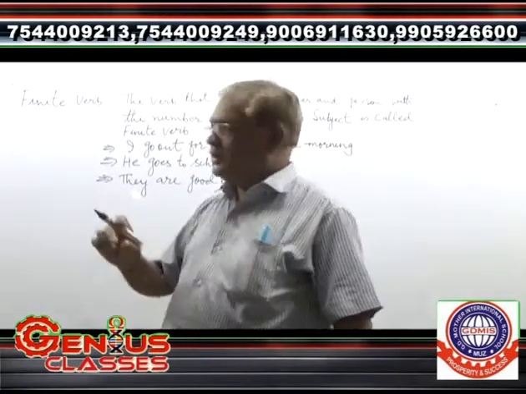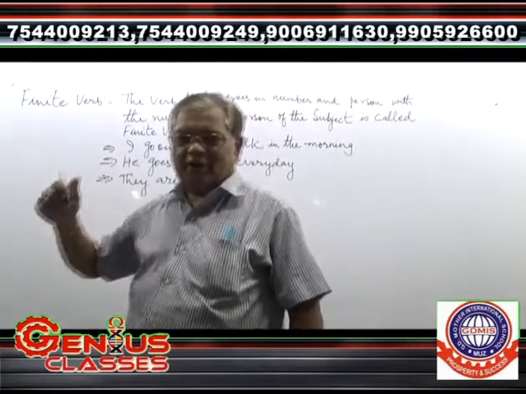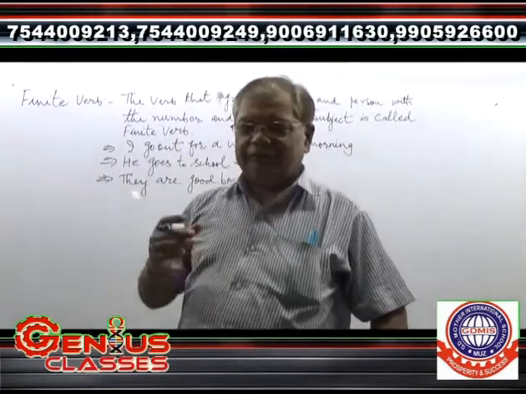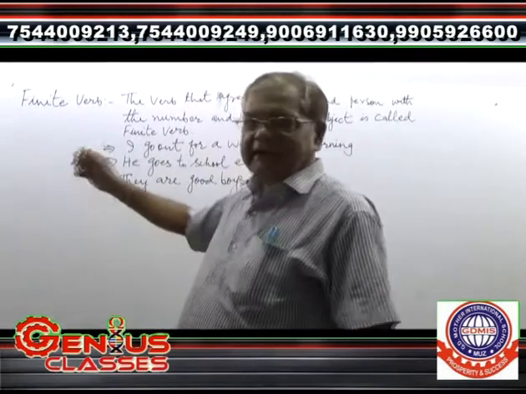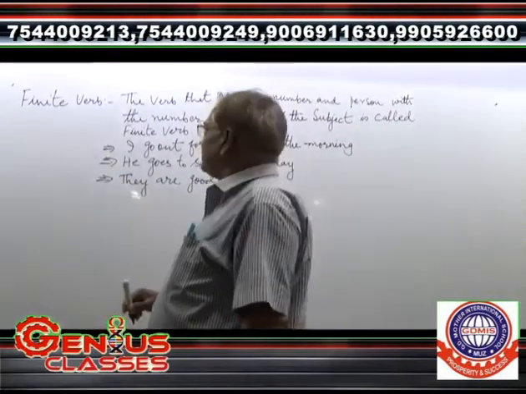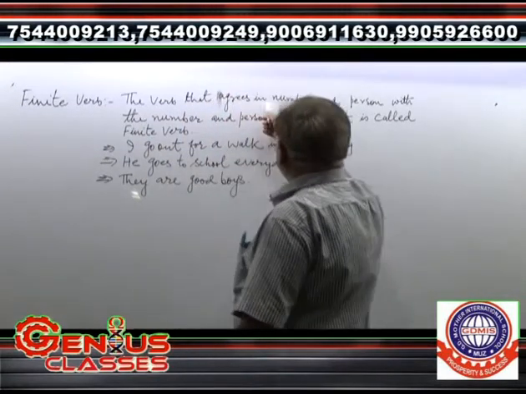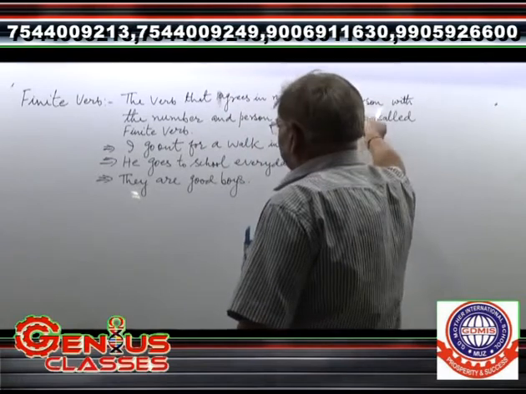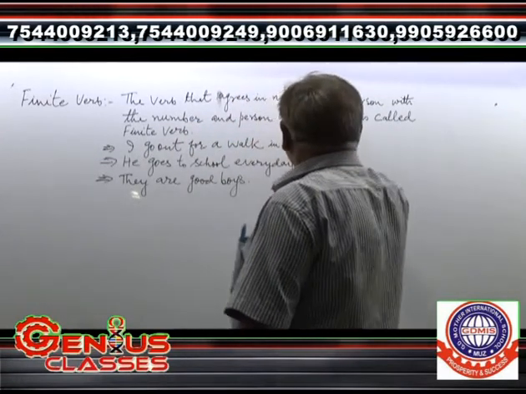So there are different kinds of verbs. Today we have taken the chapter finite and non-finite verbs. The finite verb, as I have defined, is the verb that agrees in number and person with the number and person of the subject.